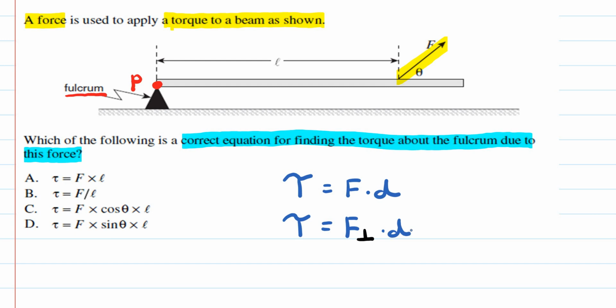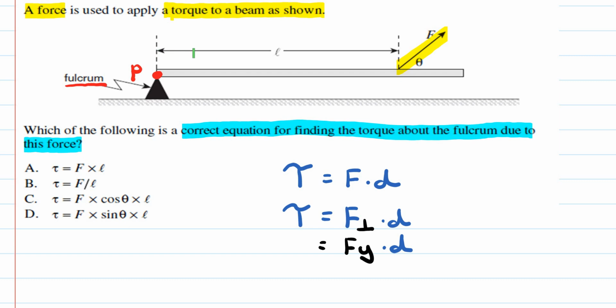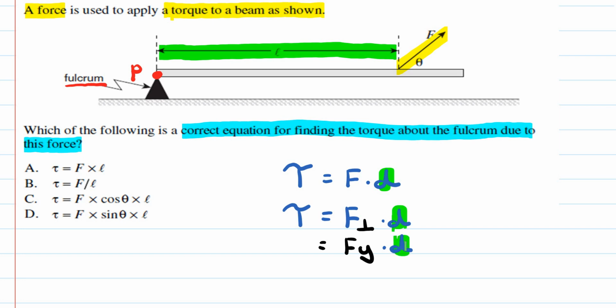Sometimes I will use different notations, but sometimes it's the force in the vertical component, and then we multiply it by the distance from that point P there. So in this particular case, let's look at the distance here. That force is being applied across this distance here. This distance in all three cases is denoted by the letter L. So I'm going to erase the d's now, and I will write the letter L there.